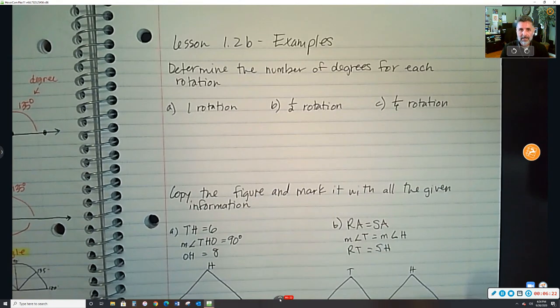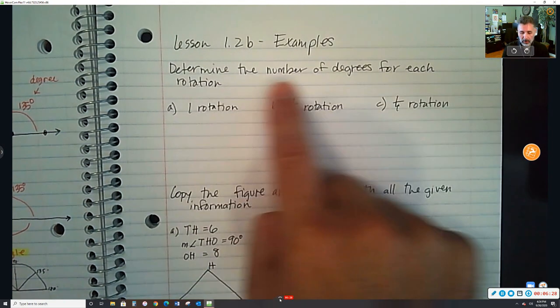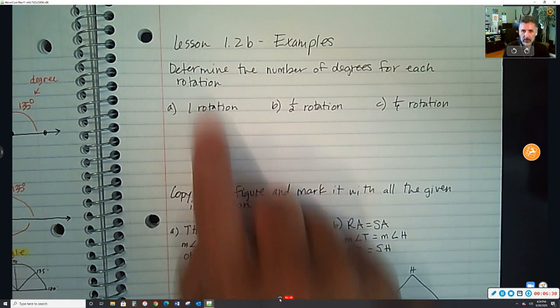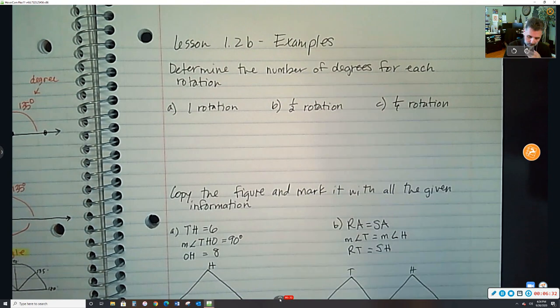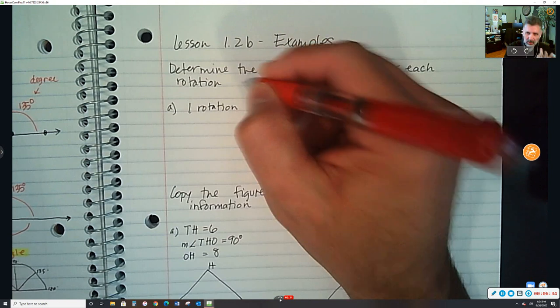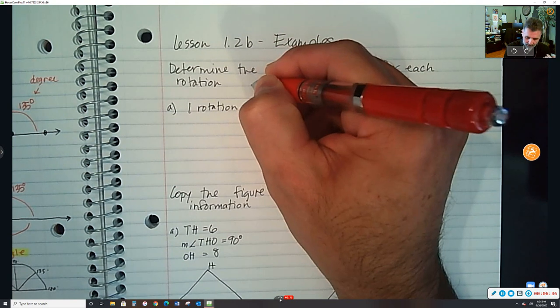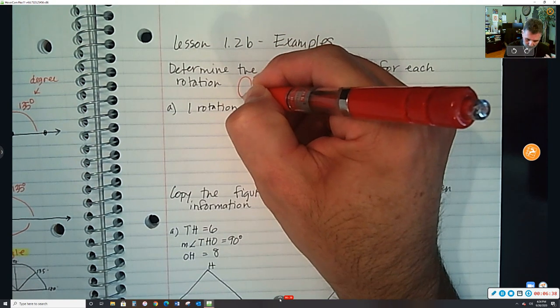Okay. So here are the examples for lesson 1-2B. The first thing says determine the number of degrees for each rotation. Now a rotation is just going all the way around.